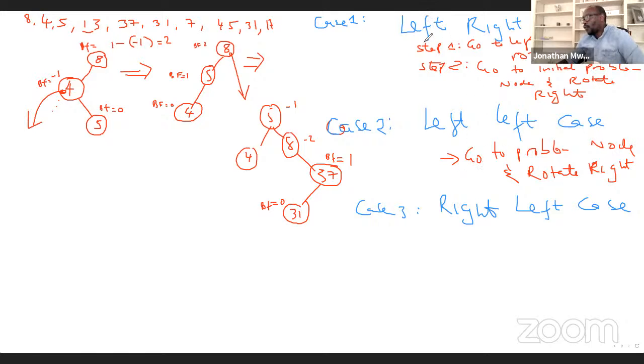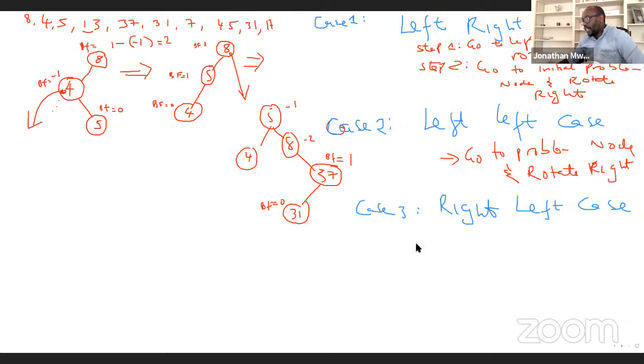Basically, after you have a left-right case and you rotate the left child towards the left, then you get a left case, and then you just rotate to the right. So for the right-left case now, which is what we have up here, we need to come up with some solutions for it. Okay, so what do we do?